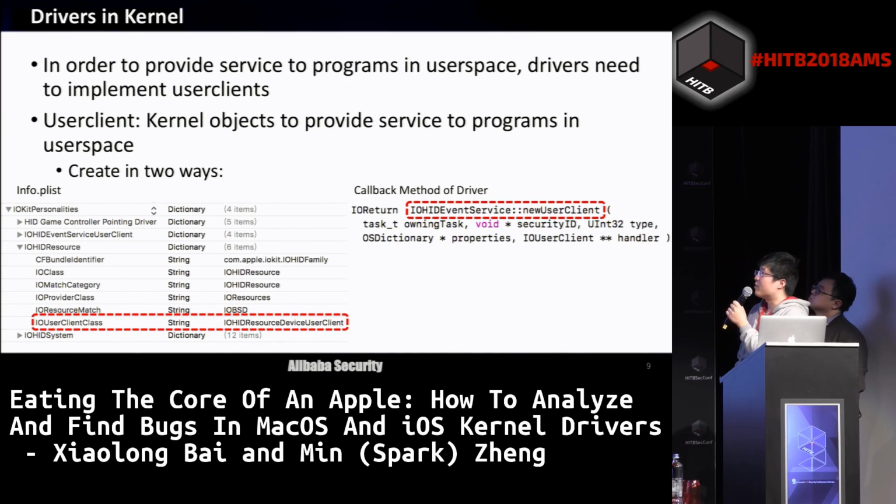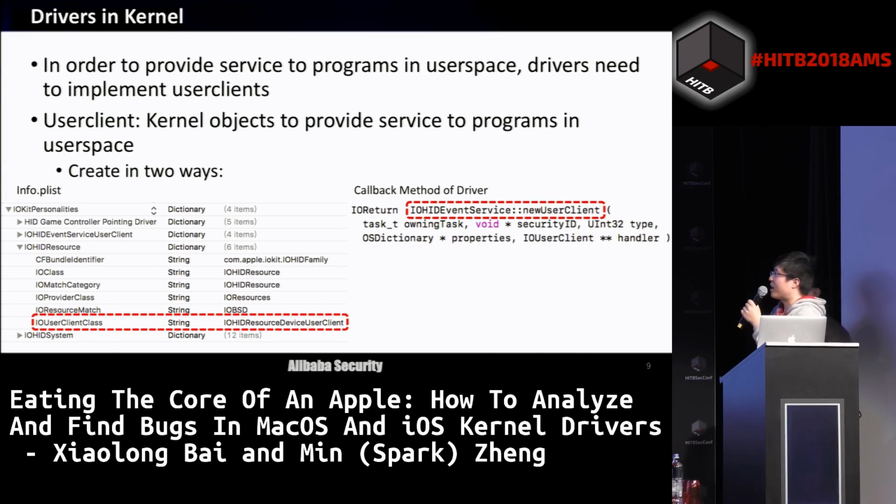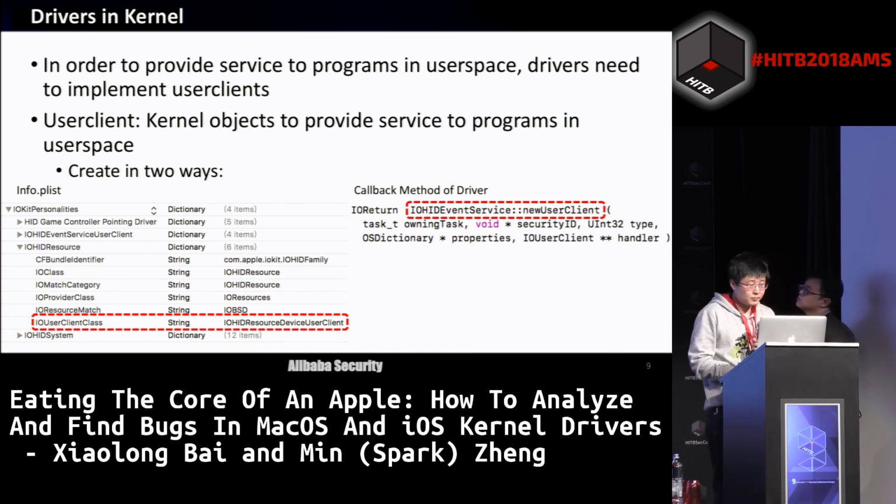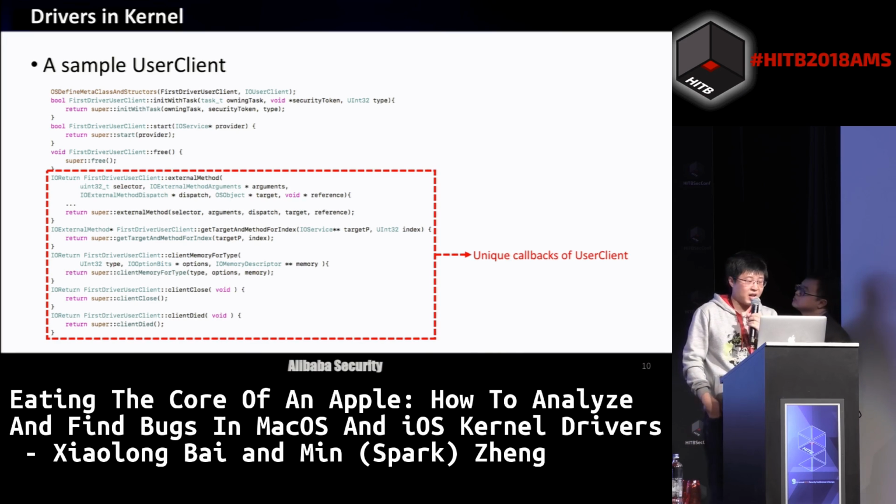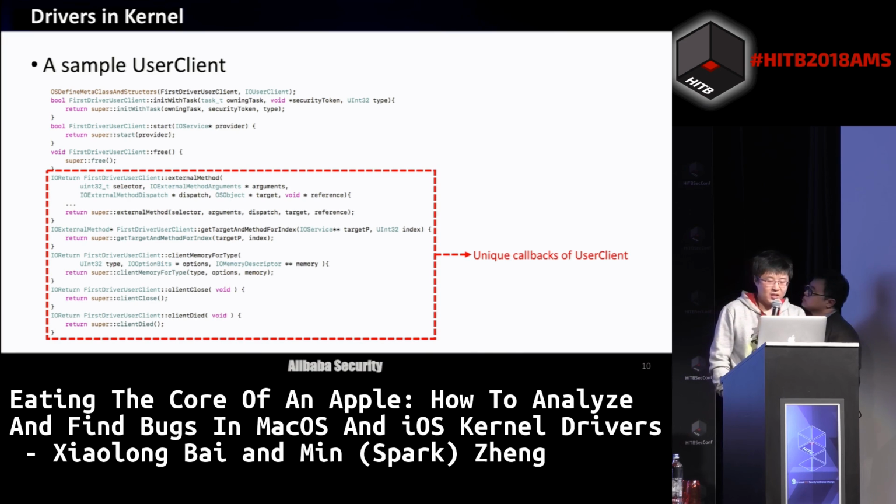One is the Info.plist file: you can add IOUserClientClass to claim a new user client, or you can implement the newUserClient callback method of the driver. So here is an example of a simple user client. But I recommend you download some open source user clients and drivers from Apple's official website. You can learn a lot from them.